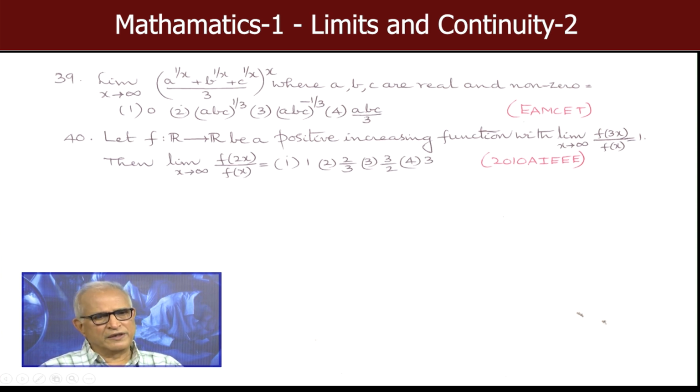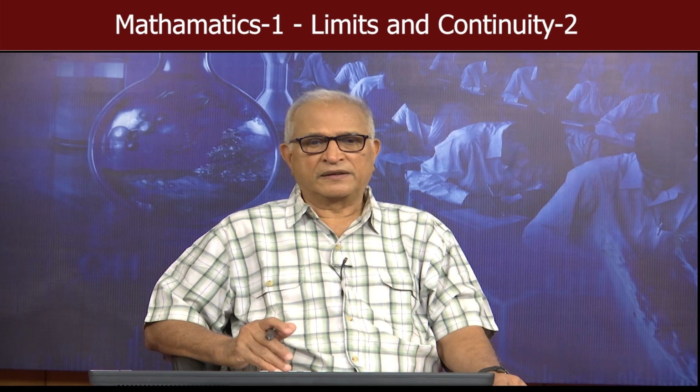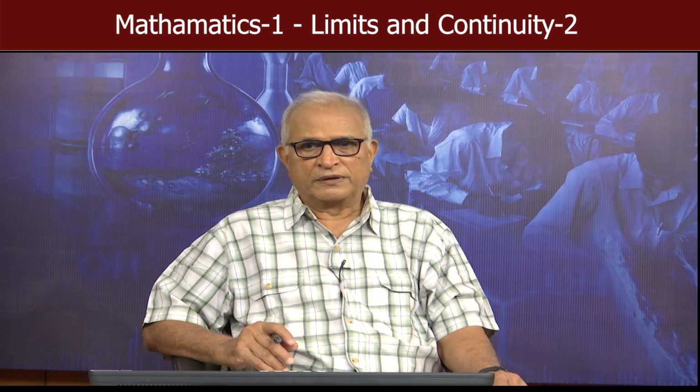In fact, you know that when a lies between 0 and 1, a power x is a strictly monotonic decreasing function. For values of a greater than 1, the exponential function a power x is strictly increasing. That is the monotonicity of the exponential function. Of course, when a equals 1, that remains a constant function, neither increasing strictly nor decreasing strictly. So, the very definition of a power x clearly implies that the base a must be positive.